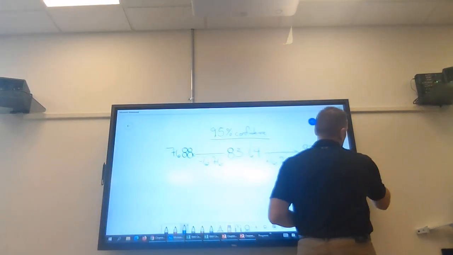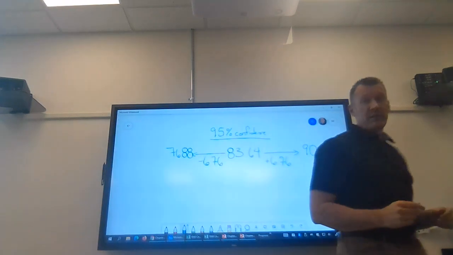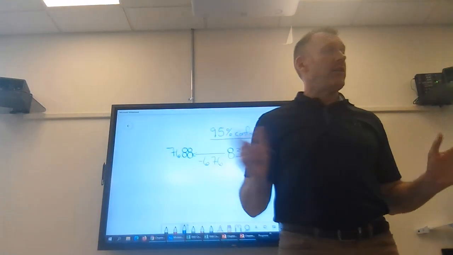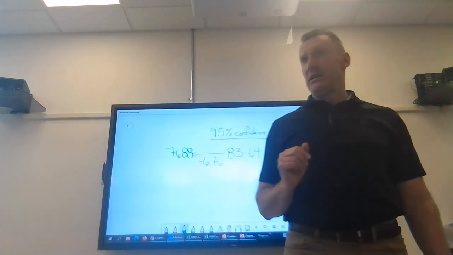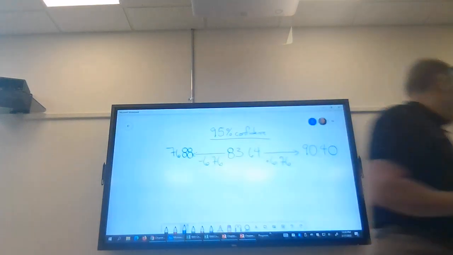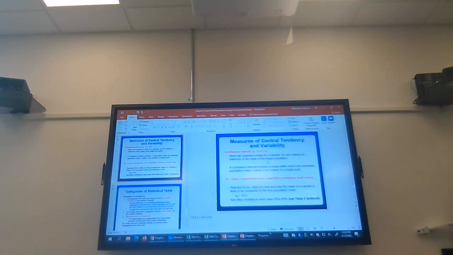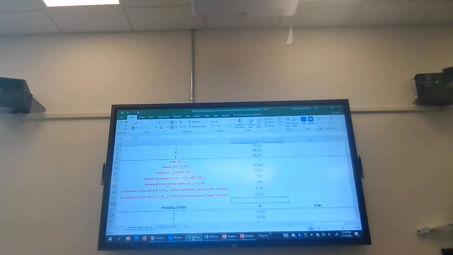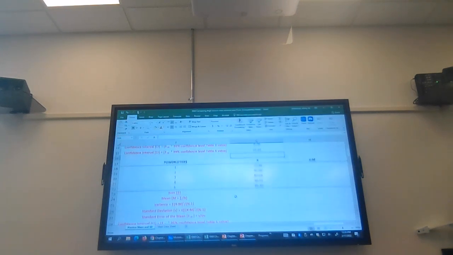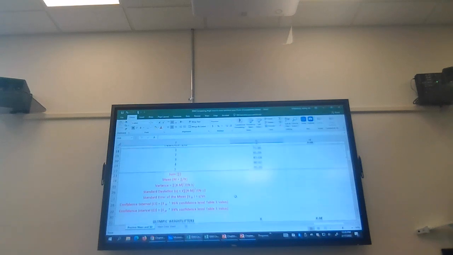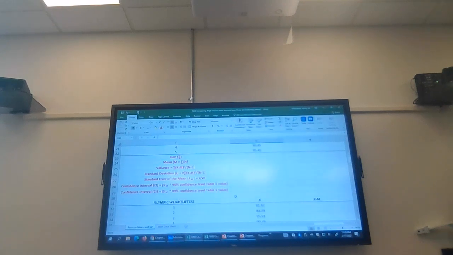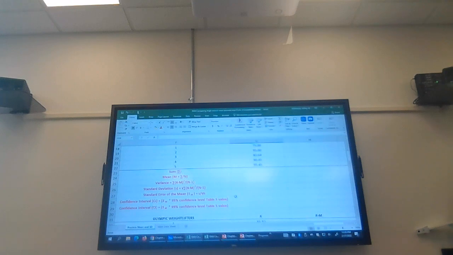So I'll let you go ahead and finish out powerlifters and Olympic lifters. Is everyone clear on what confidence interval means? Okay, we're just comparing a sample with a population. So go ahead and finish out powerlifters and Olympic weightlifters just for practice.